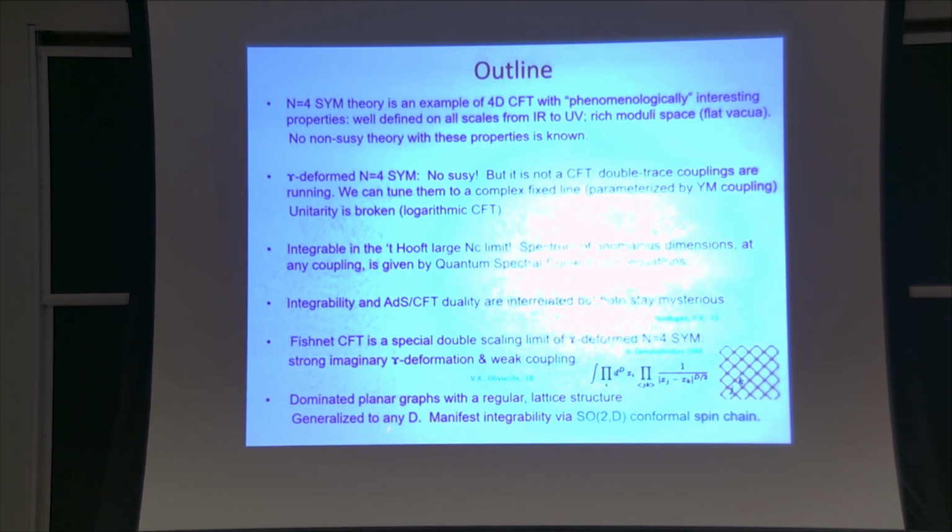This fishnet CFT can be generalized to any dimension. That's why I speak about arbitrary D. But of course, it doesn't have its mother theory at any D, the corresponding super Yang-Mills, not that I know of any. Okay, so this is a little introduction.